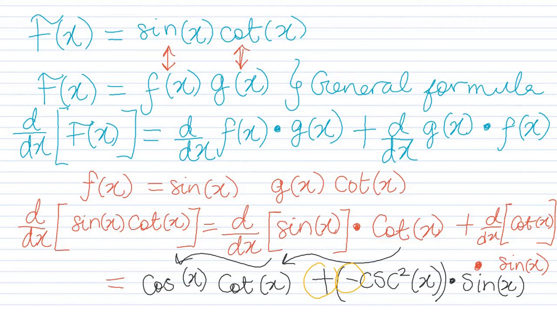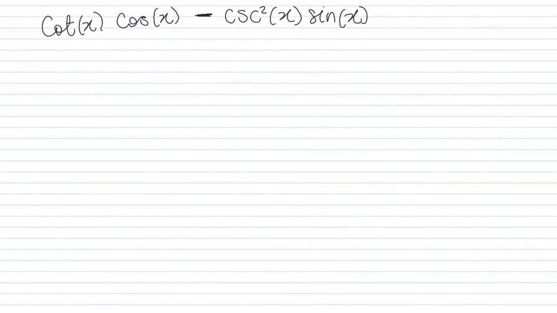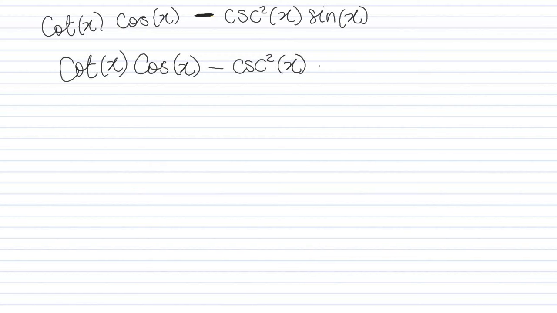When they come together, we end up getting a negative. So basically the negative dominates. This is just simple math you've been doing since middle school. So that is what we have. So now our answer is going to be cotangent x cosine x, minus cosecant square x sin x.